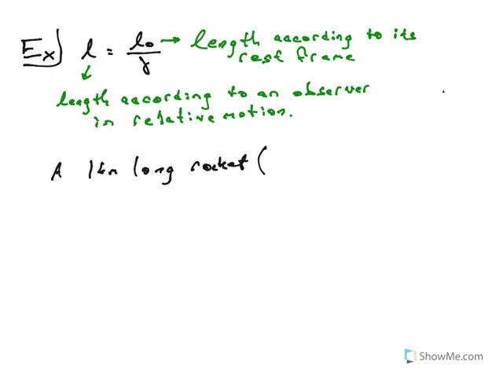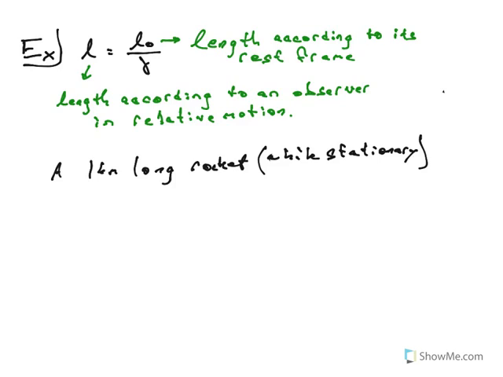So let's say you're up in the star yards creating these spaceships, and while it's in dock, you measure the length of this rocket and you find out it's 1 kilometer long. Okay, so according to, or let's say while stationary. Okay, so that's how long this rocket ship is.